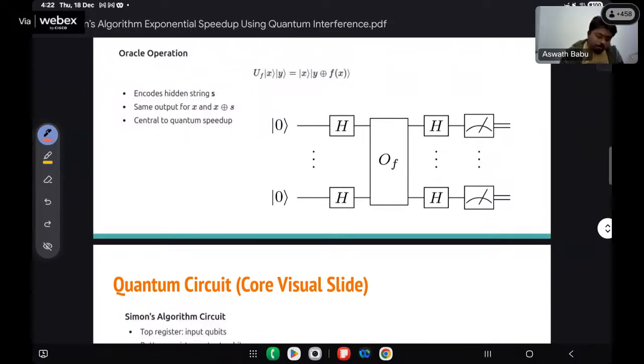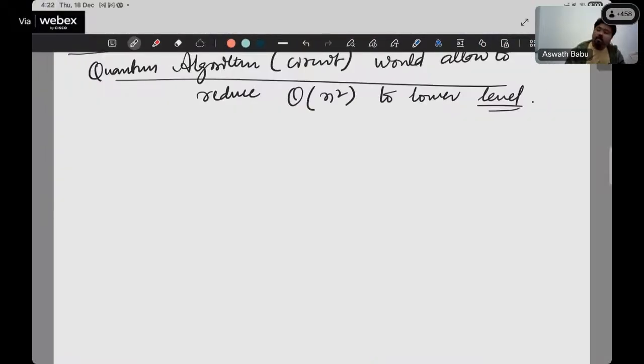So what matters here most importantly is that it is just like the Deutsch algorithm, where all the input x values would be taken as equally probable by taking n Hadamards.